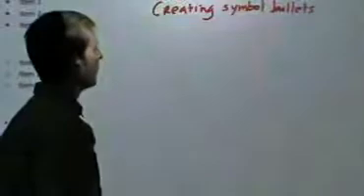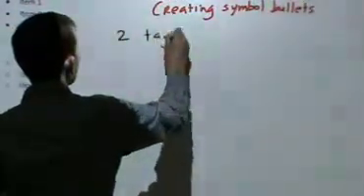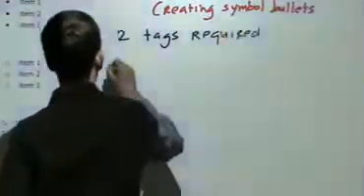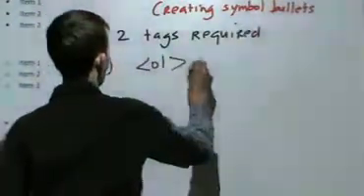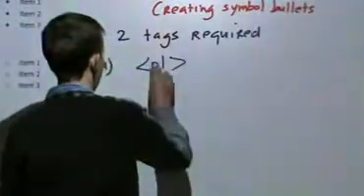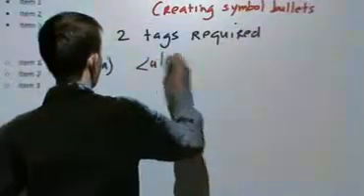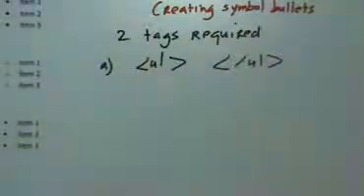So as I mentioned, it's a little bit more involved making bullets in HTML. You need two tags. First, list tags, and the entire bulleted list needs to be enclosed in these.